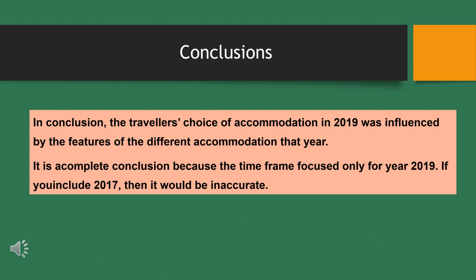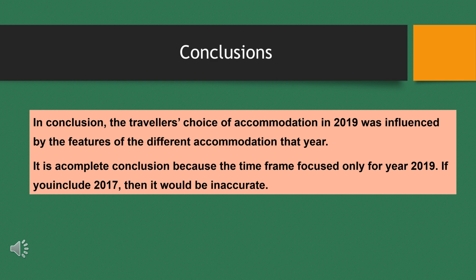Okay, finally is the conclusion, the last paragraph, and the conclusion is also in one sentence. The conclusion is just a rephrase of the overview given. It starts with In conclusion, the traveler's choice of accommodation in 2019 was influenced by the features of the different accommodation that year.